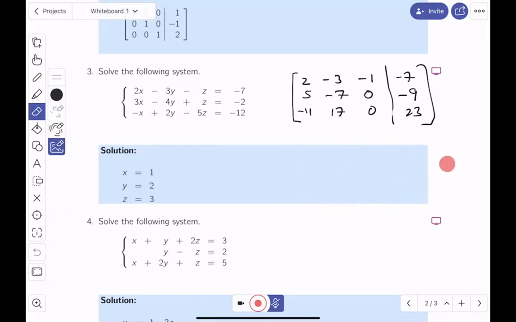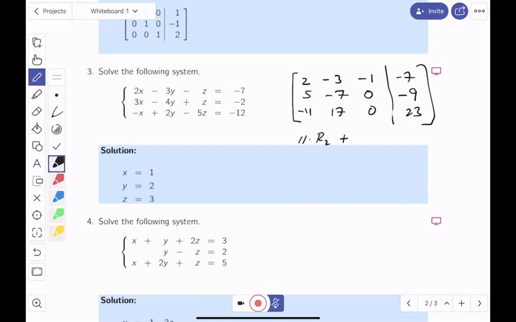I want to get another 0. And let's take a look at this and see if I can do it. I think once I do it, I'm pretty much safe. All right, I'm going to say 11 times row 2 plus 5 row 3, give it to row 3. You notice I like to use integer numbers, and I really want to encourage that, by the way.